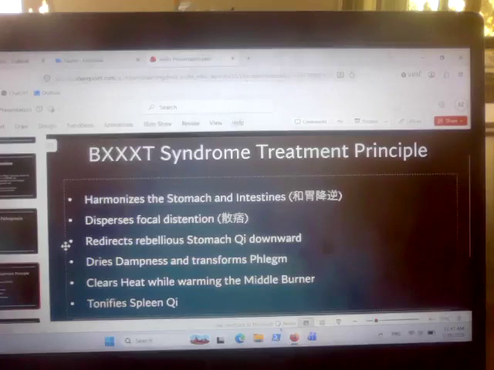The fifth rule is to clear heat while warming the middle burner. Middle burner here means middle jiao. The last rule for the treatment principle is to tonify the spleen qi.